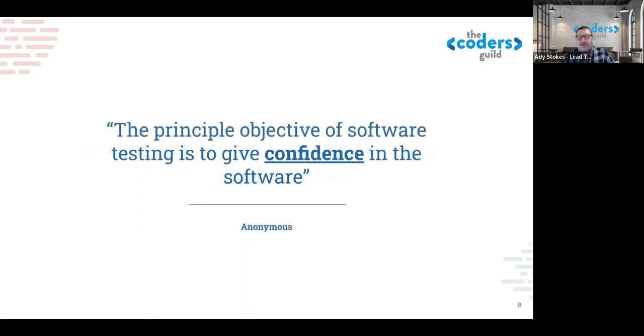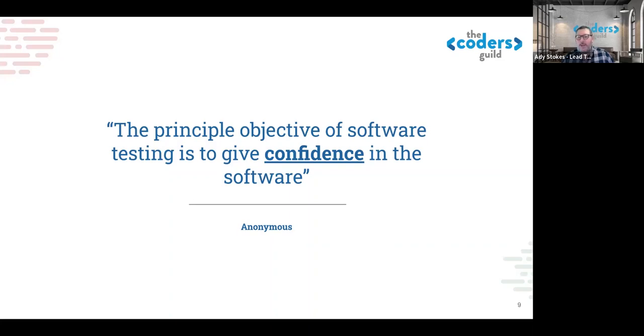We don't know who to accredit this one to. "The principal objective of software testing is to give confidence in the software." Now, to a certain extent, that's true. But there are also many times confidence wouldn't be enough before we want to release something to live.